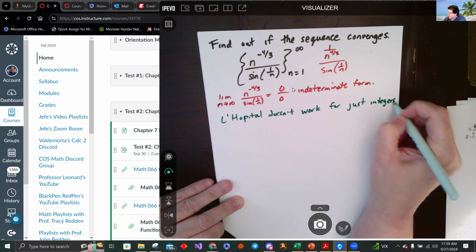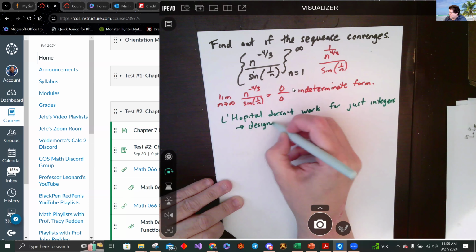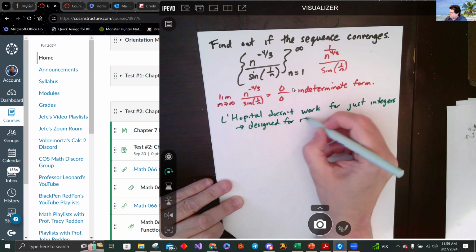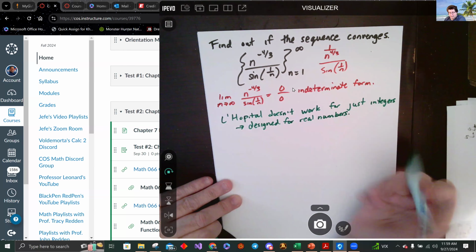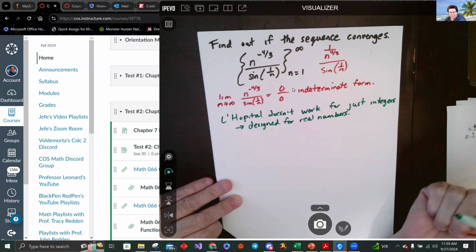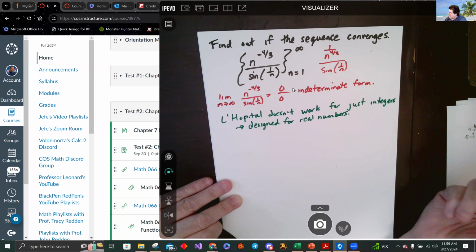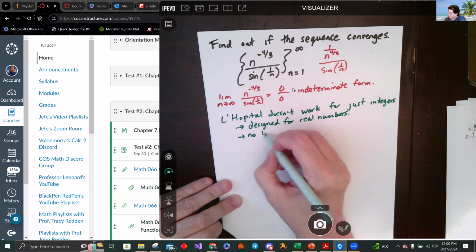It's designed for the whole number line. And so like it's not a line, so it's not differentiable. That's the idea. L'Hopital, we're taking derivatives, and the derivative, if there's no line, how are we doing a derivative? No line, no derivative.